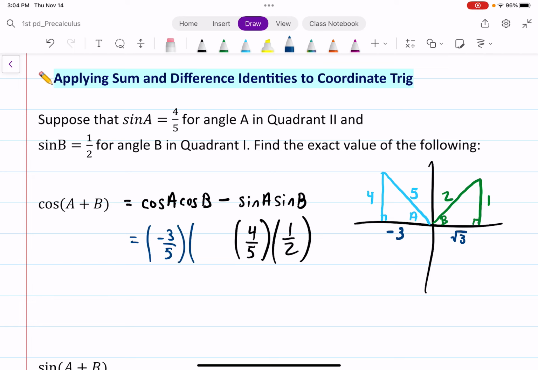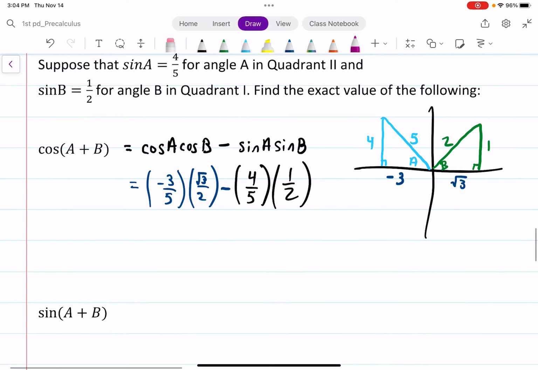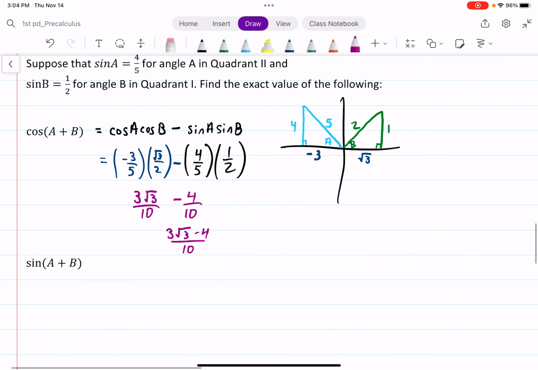Cosine of b is square root of 3 over hypotenuse, which is 2. Okay, and now if we multiply these together, that would be 3 square root of 3 over 10 minus 4 over 10. Hey, they have common denominators, so you just simply write 3 square root of 3 minus 4 over 10.